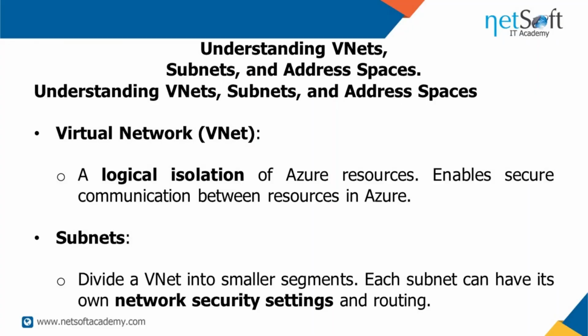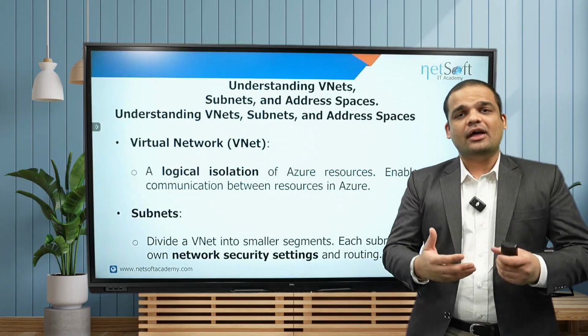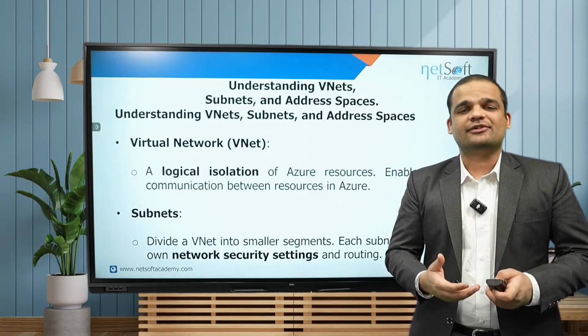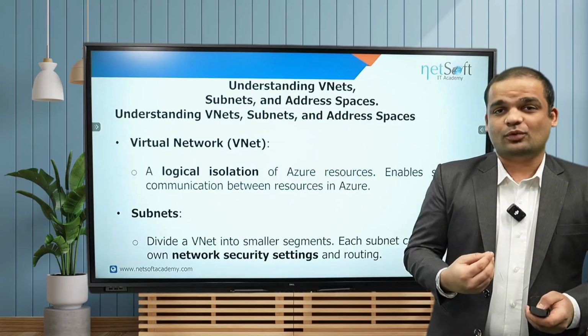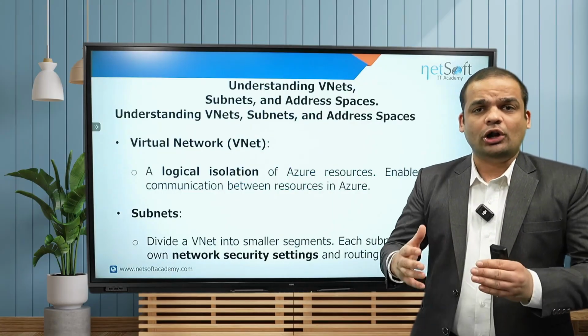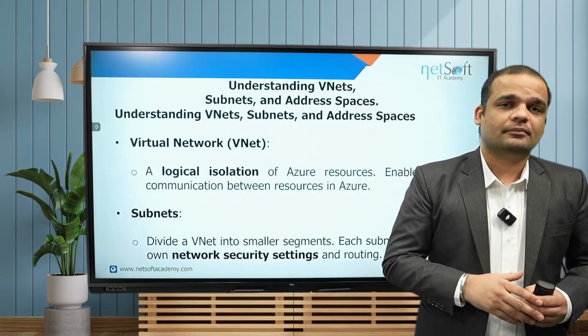Understanding VNets, subnet, and address spaces. Let's start with VNet. A virtual network is a logical isolation of Azure resources within the Azure cloud. It allows Azure resources to securely communicate with each other and with on-premises network as well.